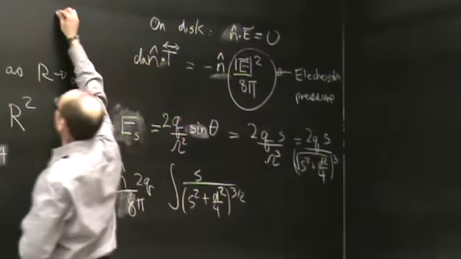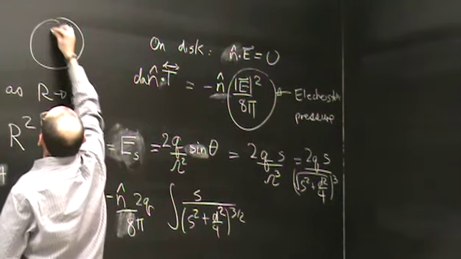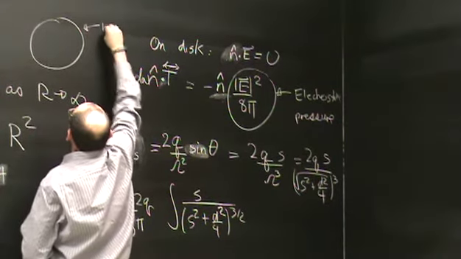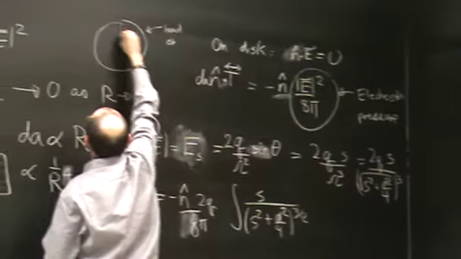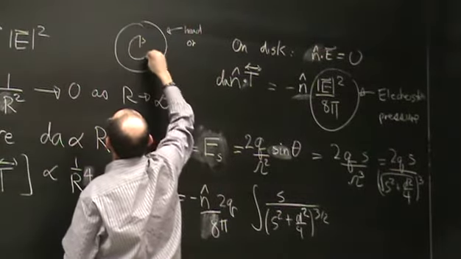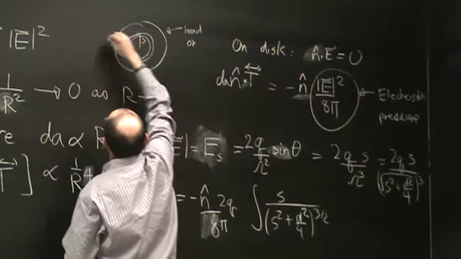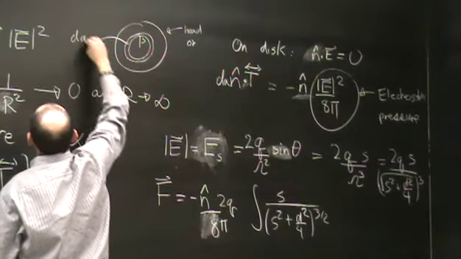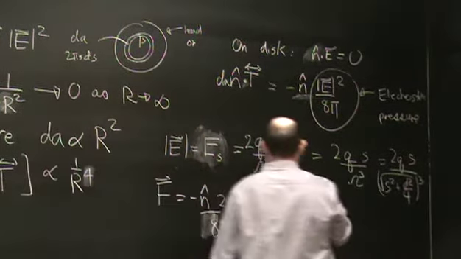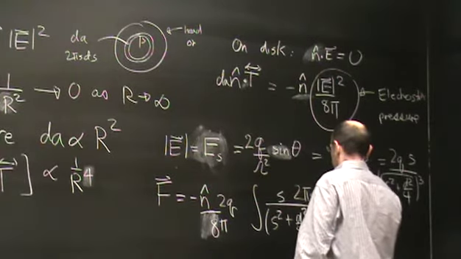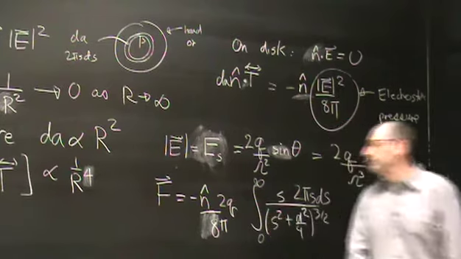Right, so if I draw the disk looking at it head on, I'm at some distance s over here. Everything is cylindrically symmetric about here. So my little element of area, dA, is naturally 2 pi s ds, integrated with s going from 0 to infinity.